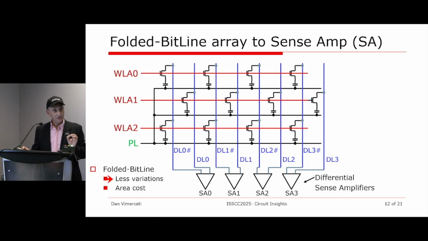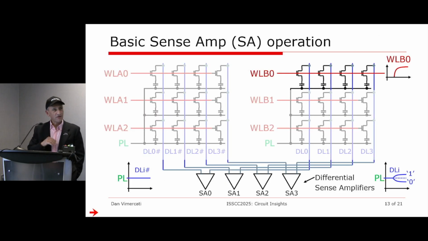So this matches a little better, but it has some kind of area cost, or at least we believe that this configuration has an area penalty. It's just a matter of cost and evaluating the two solutions when you are building a chip. Okay, so let's go back to the previous configuration, which is the open bit line, and let's see how a sensing operation is performed.